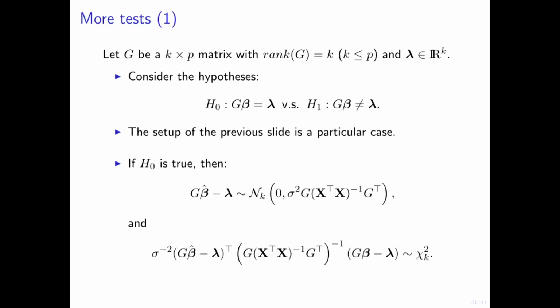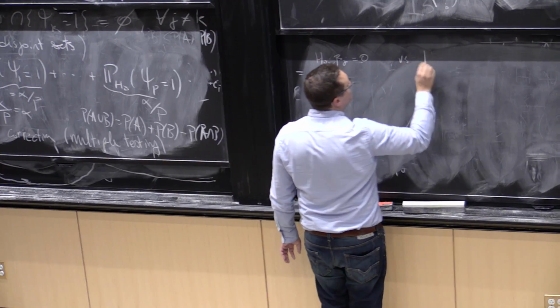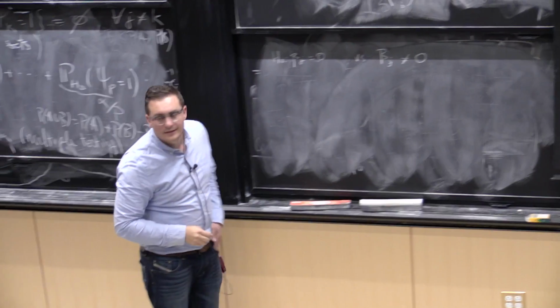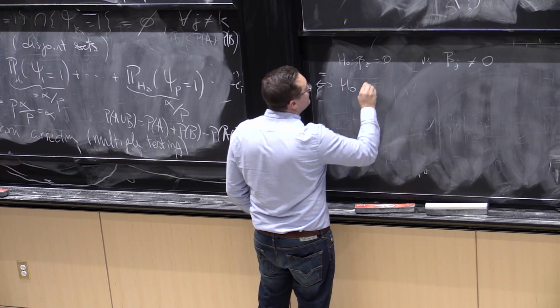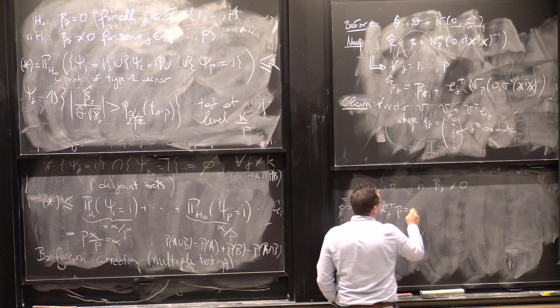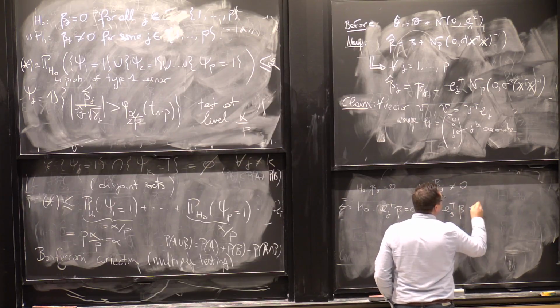So let's see. The test we've just done, beta j equals 0 versus beta j not equal to 0, is actually equivalent to e_j transpose beta equals 0 versus e_j transpose beta not equal to 0, right?